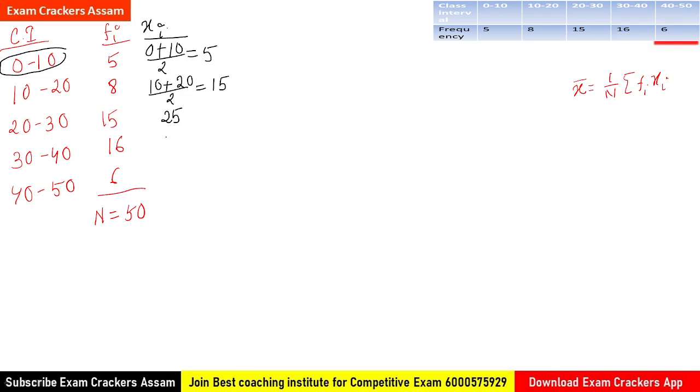Same way we will take the remaining xi's also. Okay, after the xi's, our next step is to find out fi into xi to calculate the mean, right?